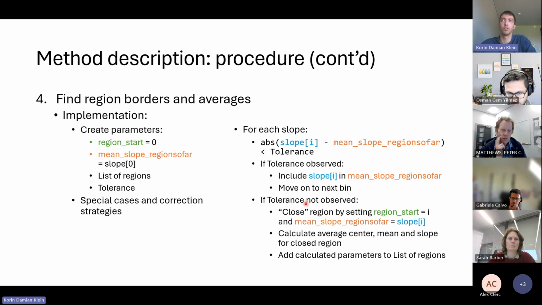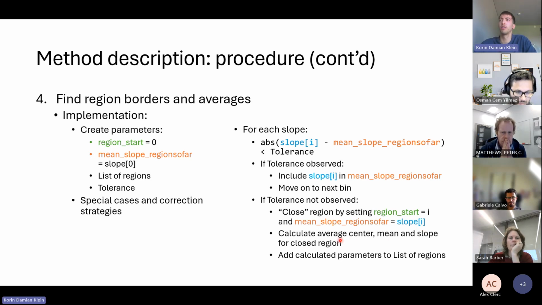If the tolerance is not observed, however, we close the region by setting a new region start on the point we're currently looking at, and we set a new mean slope of the region so far, using the slope i for that. So the first slope in the next region serves as the comparison slope for the next slope we're looking at.